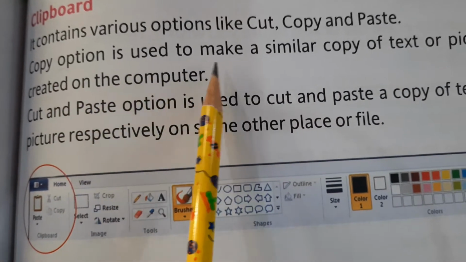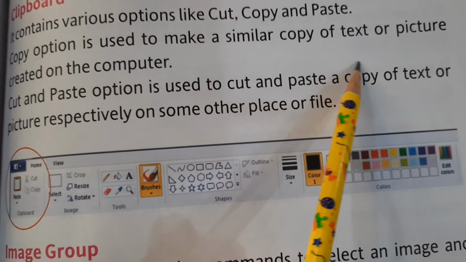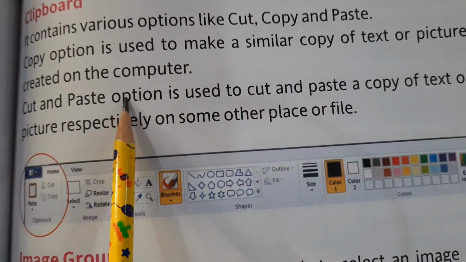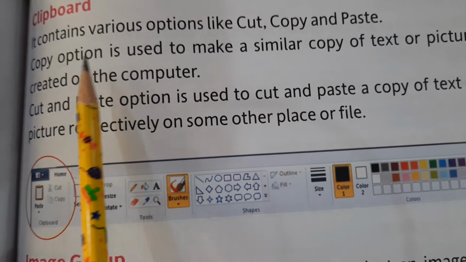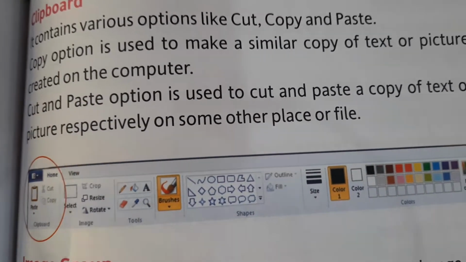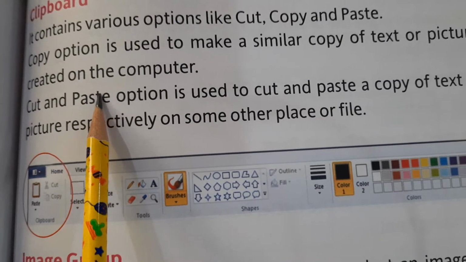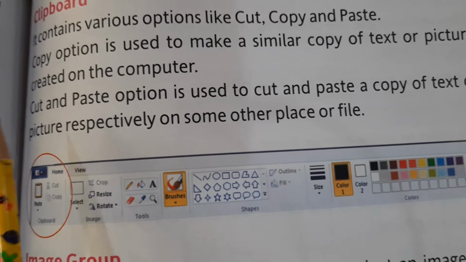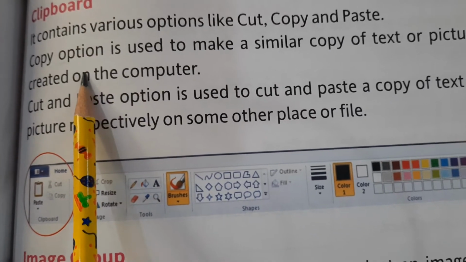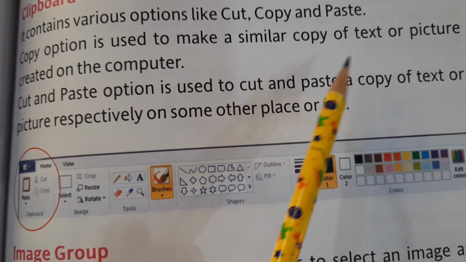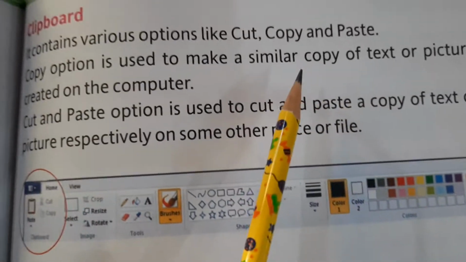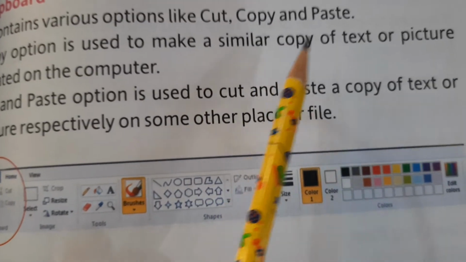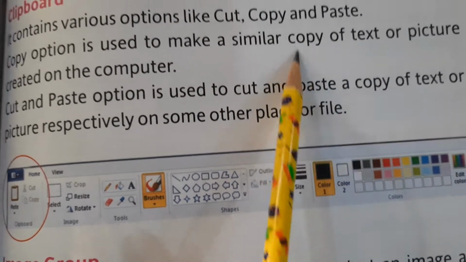Copy option is used to make a similar copy of text or picture created on the computer. Means we can use copy, as we can understand by the word copy, means making a similar picture or making a similar thing. Because we are dealing with paint here, it can be used for making a similar copy of text or picture.